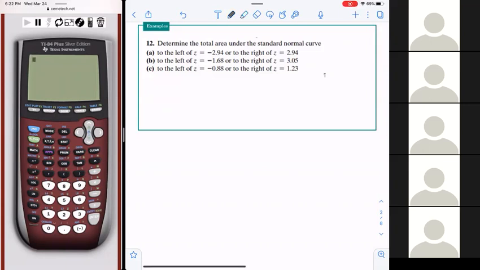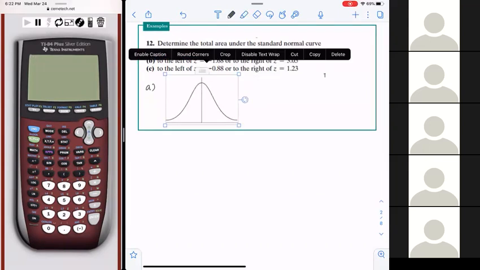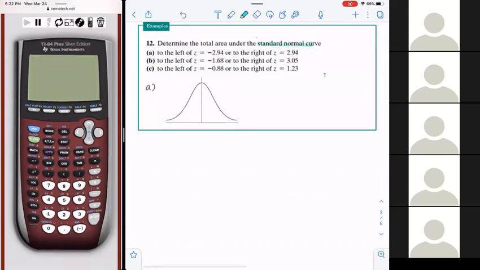So we're going to start with part A. Since it is given in the problem that it is a standard normal curve, by definition, this would imply that the mean mu is 0 and standard deviation is 1. So the mean is going to be right in the middle, and negative 2.94 is probably somewhere over here. Positive 2.94 is probably over there.